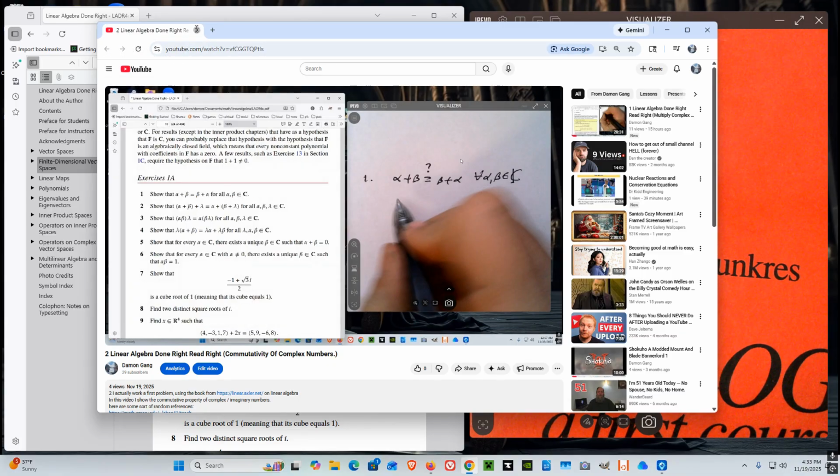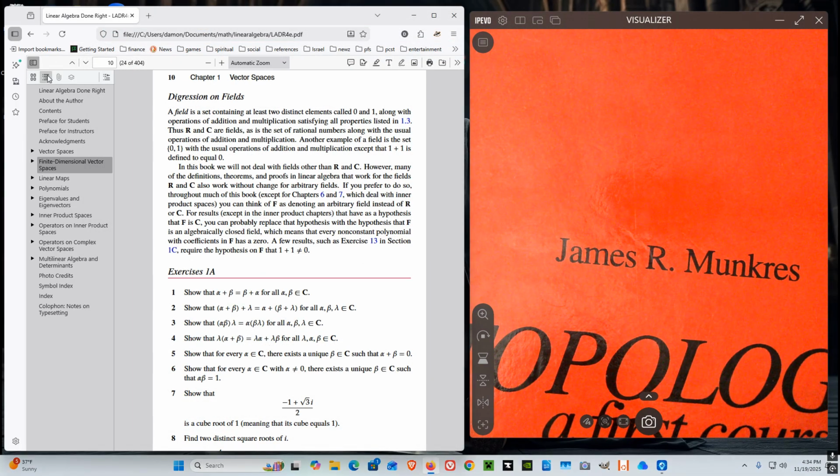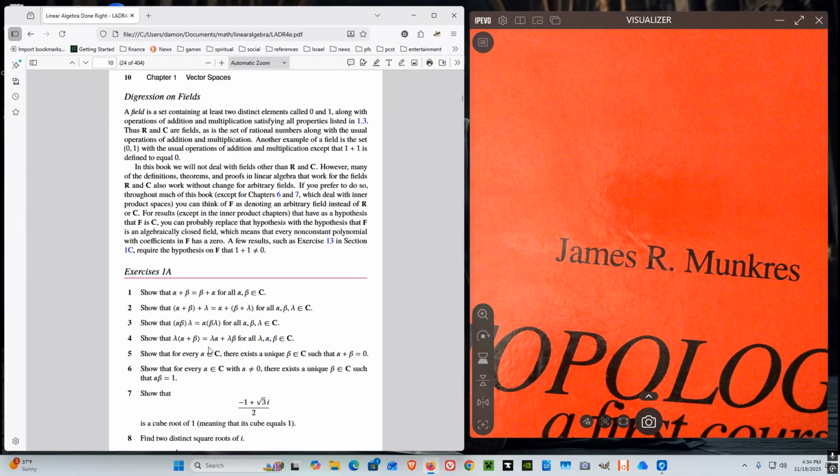So we had started working on the problems in the book. We did problem number 1. I thought we did problem number 2 as well. If I didn't, I'll have to come back to that.